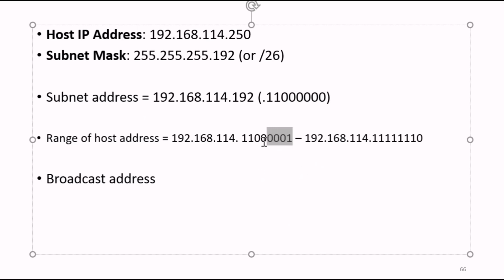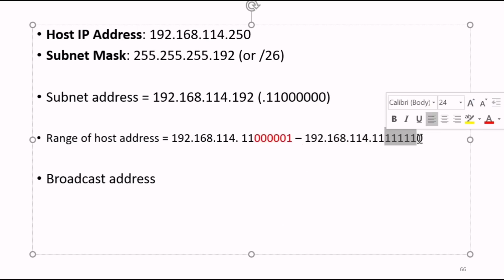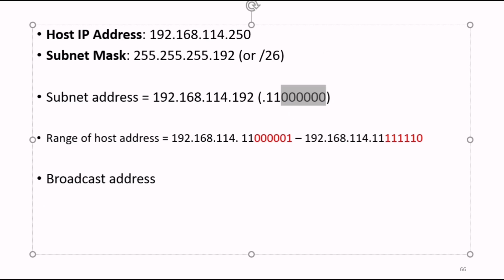If you look at this, only this bit is changed, which is the host range. The host range is the last 6 bits of the total. So this is the range of the hosts. We need to exclude the network address and also the broadcast address.